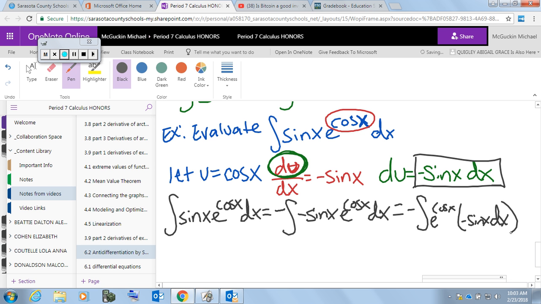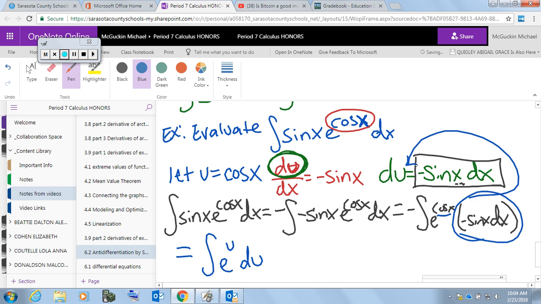Negative sine of x dx, negative sine of x dx. That all is du. So if cosine of x is u, all of this will equal e to the u times du. I replaced all of this with du since they were equal to one another.